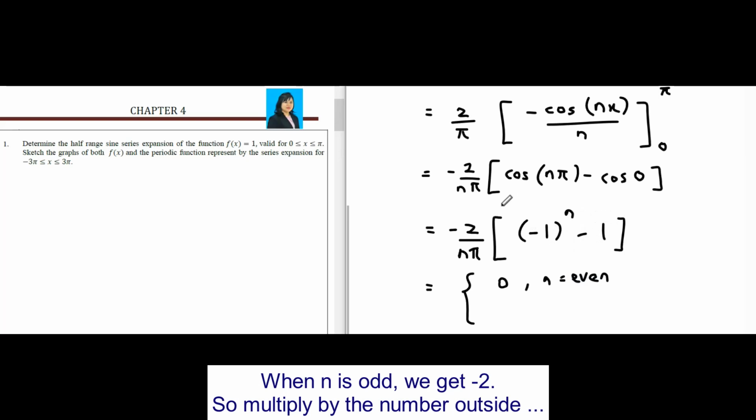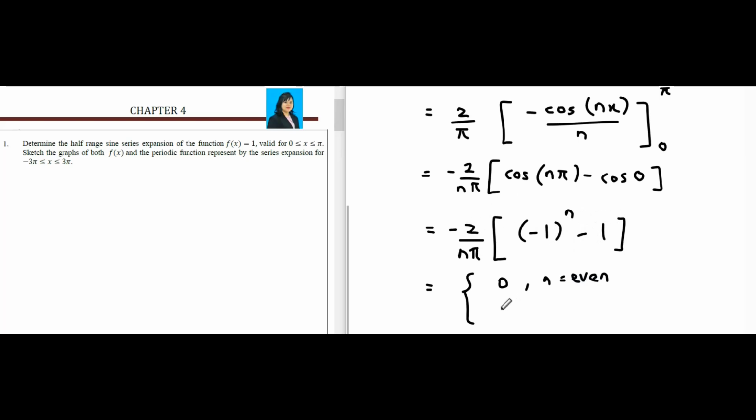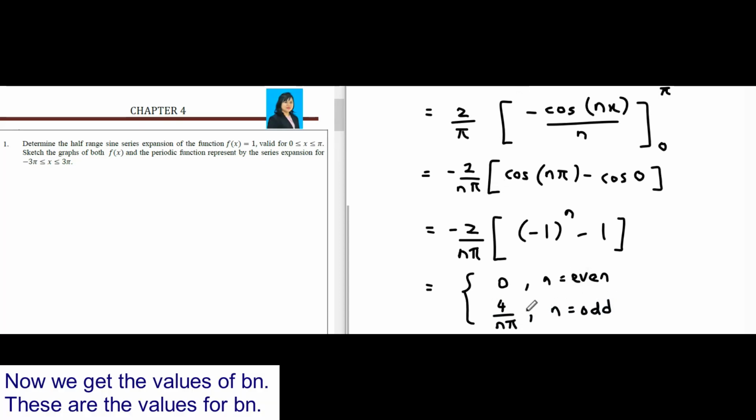So multiply by the number outside. Now we get the values of Bn. These are the values for Bn.